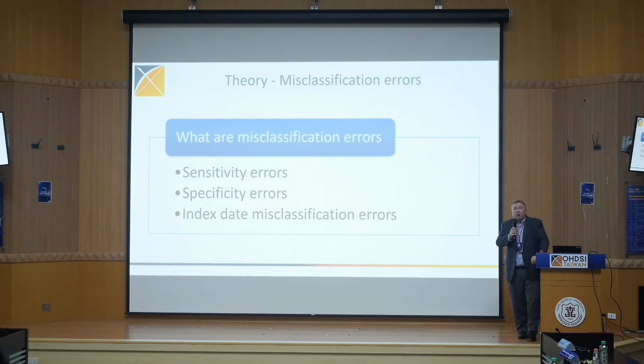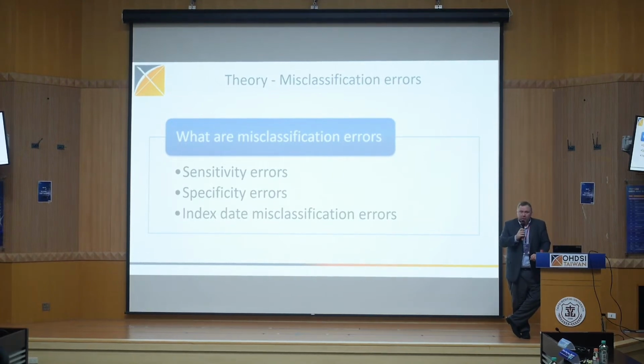This is not very well described in the literature, but we have now seen numerous occasions where what seem to be relatively small issues associated with index date misspecification can completely change the answers that you produce when you're characterizing incidence or estimating the relative risk.